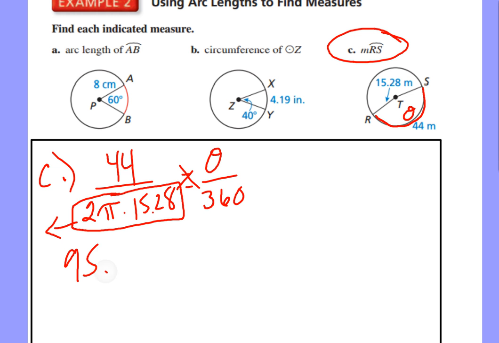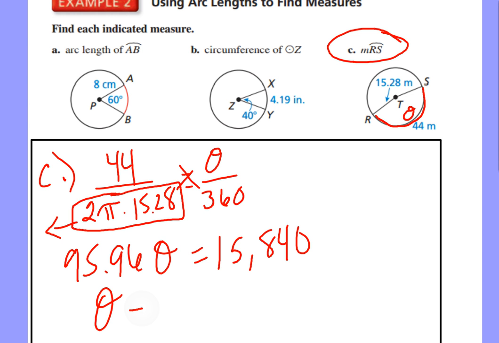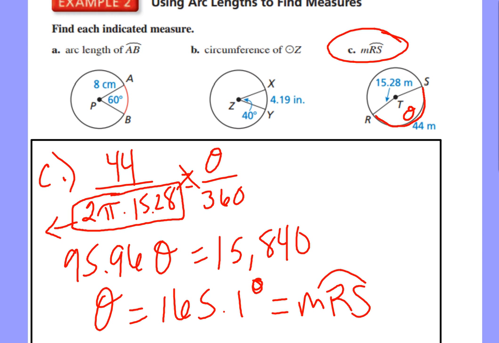So 95.96 times theta will equal 360 multiplied by 44, which is 15,840. And then divide that by our 95.96 to find out what the measure of the arc is, which is going to be about 165.1 degrees. And again, that is going to equal the measure of the minor arc, RS.